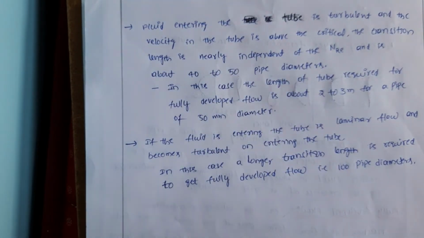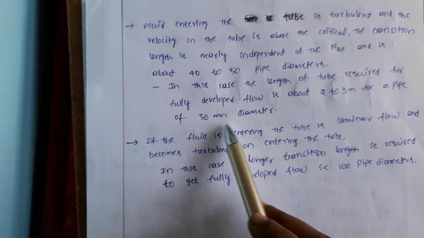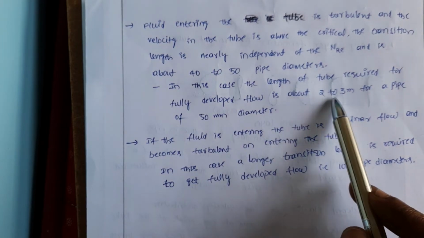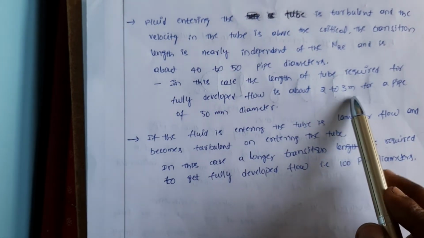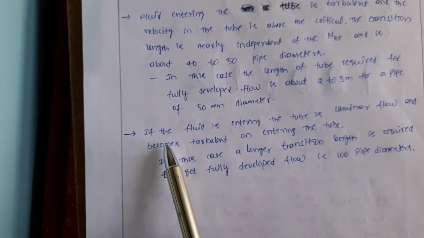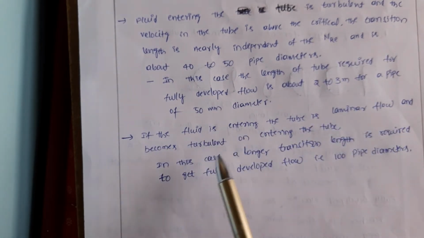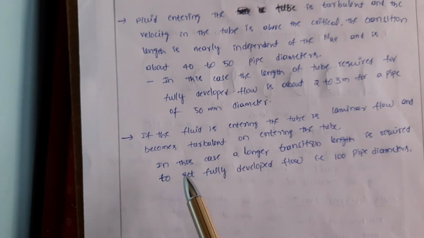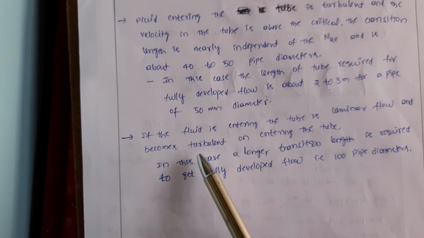So for a 50 mm pipe diameter, for example, 2 to 3 meters of pipe length is necessary for fully developed flow. Whereas in the case where the fluid entering the tube is laminar and becomes turbulent on entering the tube, initially it is laminar and when moving into the tube it becomes turbulent.